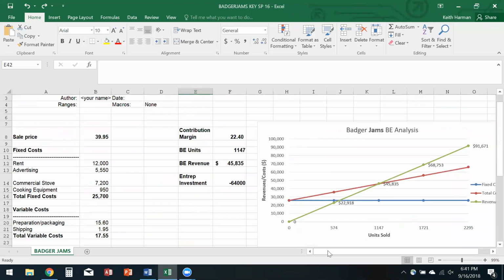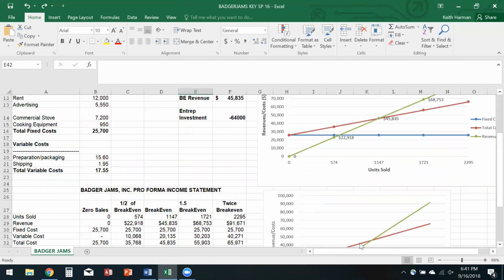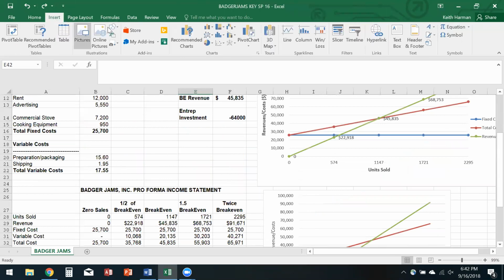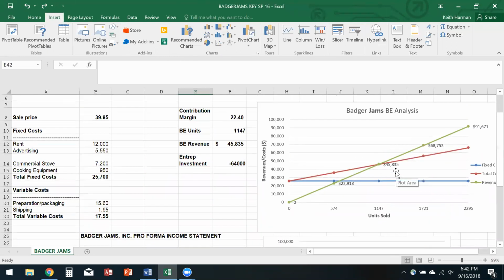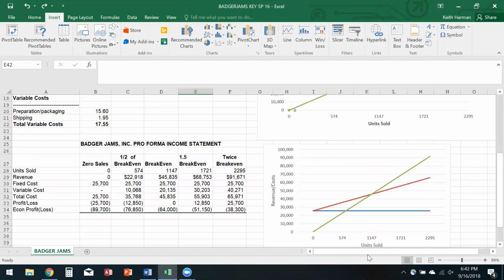And we know what each of these are. And then we had a Badger Jams break-even analysis. This would be again over here, and we'll look at it with the charts, and we'll add in that chart element, and we're done.